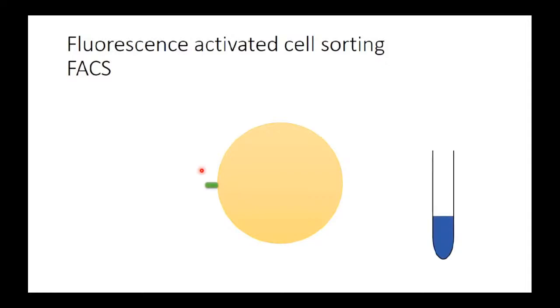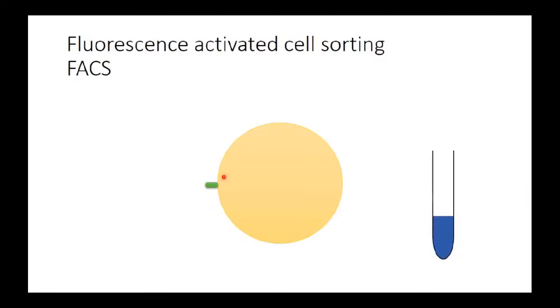What I want to do here is count how many cells there are inside the mixture, and how many cells are expressing the protein and how many cells are not expressing the protein. And then I want to separate this heterogeneous mixture into two groups of cells, the cells who are expressing the protein and the cells who are not expressing the protein.